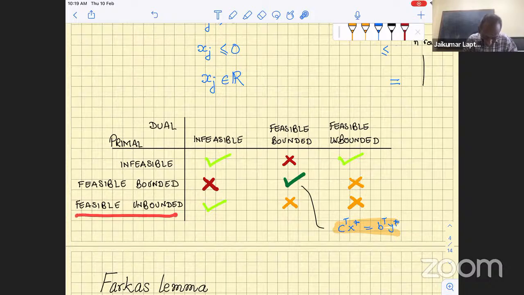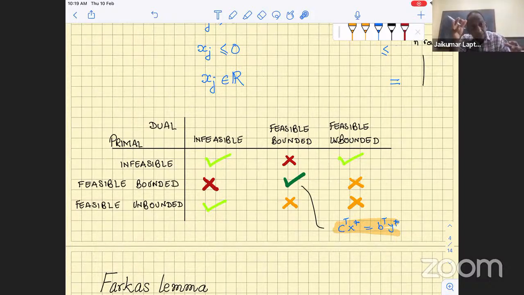If it is feasible and unbounded, that means now we know that if the dual had any feasible solution, it would provide an upper bound for the primal.